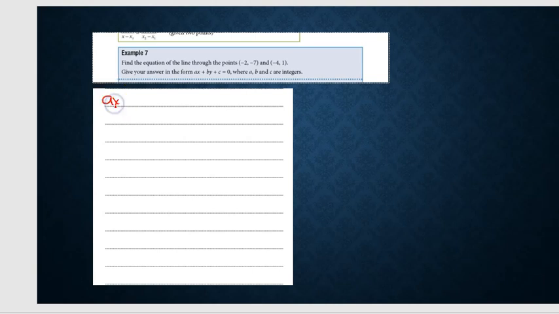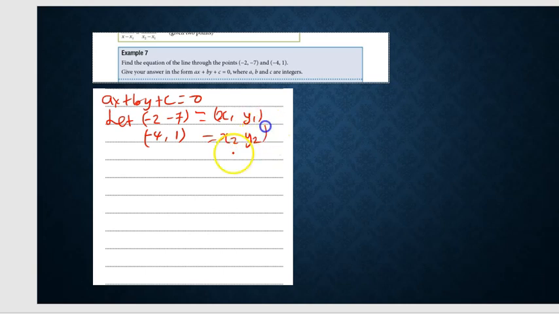So let the point we are given, -2, -7, be x1 and y1, and take -4 and 1 to be x2 and y2, such that we have y minus -7 divided by x minus -2.